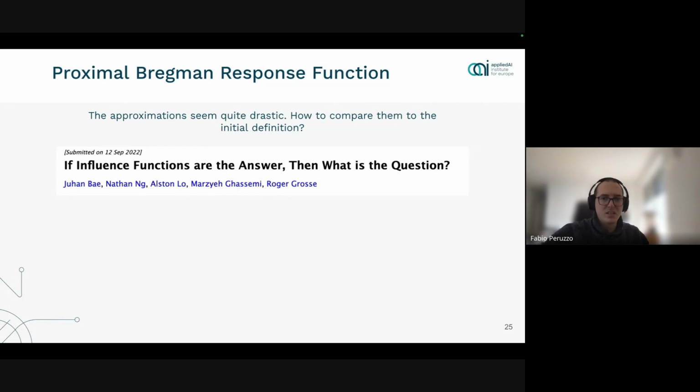But recently, this paper, called If Influence Functions Are the Answer, Then What is the Question?, argued that what influence functions are trying to quantify is not really leave one out, but another quantity which generalizes much better to models that are not fully converged.